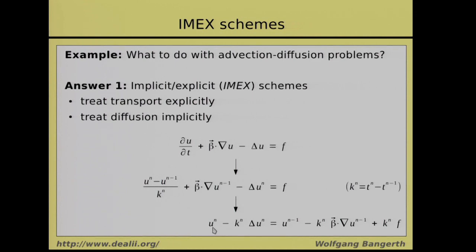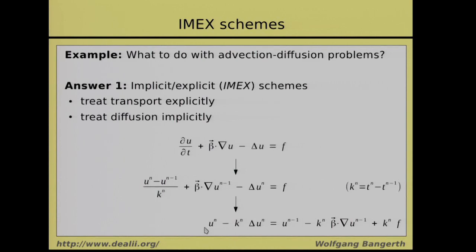So if I discretize this, I'm going to get a mass matrix here. You remember, I get a mass matrix because I multiplied with a test function. I expand u in terms of the coefficients times the test functions. So I'm going to get the mass matrix here, and minus Laplace gives me plus the Laplace matrix, right? And I multiply the Laplace matrix by the time step, which is presumably small.